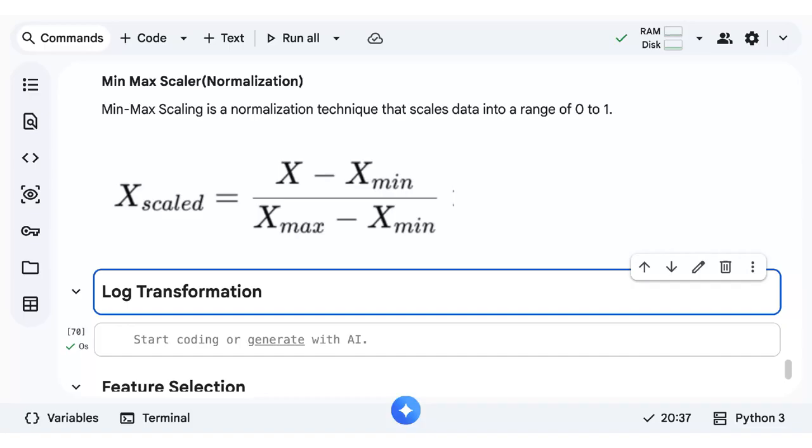Yeah, I have one question. Do we check the distribution of the column before applying the scaling? No, not required.